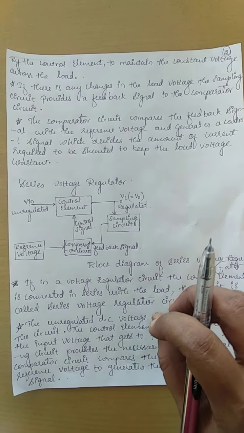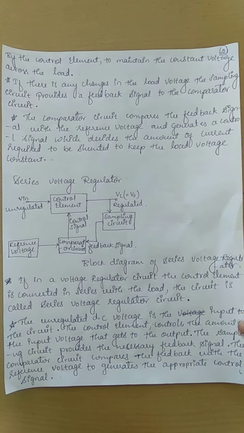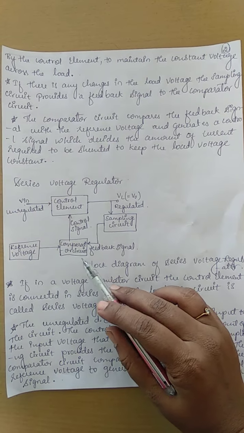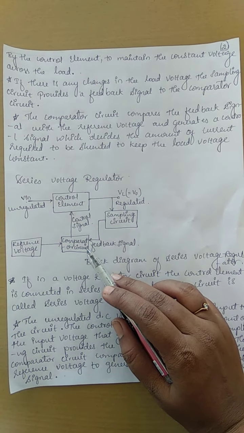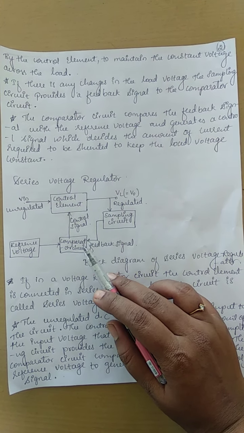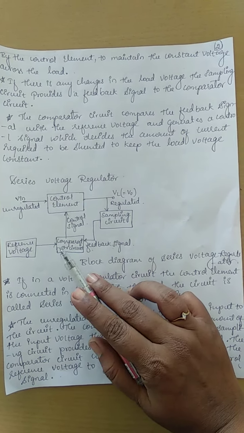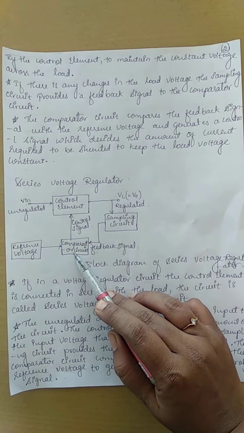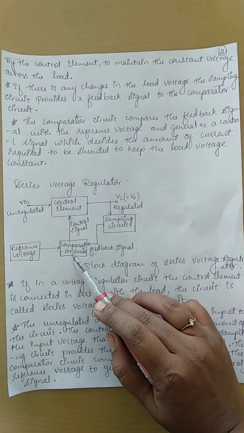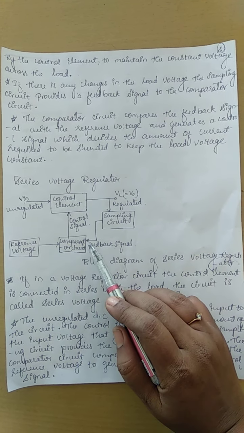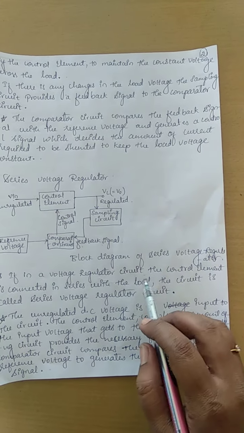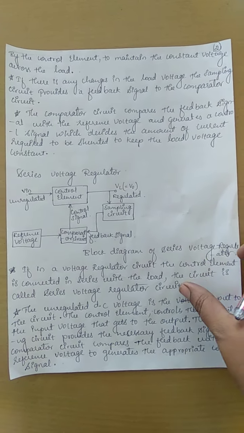Here also the same working principle applies. The sampling circuit provides the feedback signal, which is sent to the comparator circuit, where the comparator compares the feedback signal with the reference voltage, and decides how much current is required for the circuit to keep the load voltage constant. So this is the block diagram of the series voltage regulator.